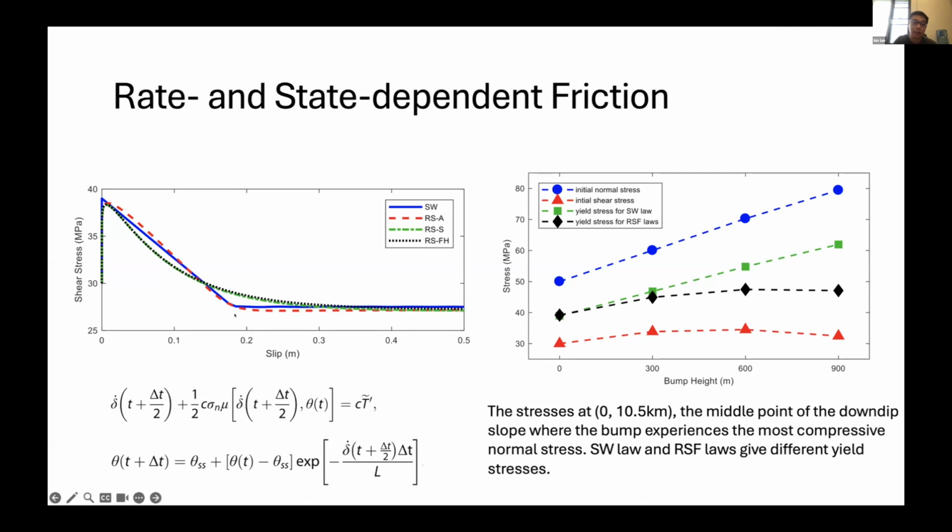So this is my paper with Dr. Duan in 2018, trying to compare the effect of different friction laws like the slip weakening law, rate and state friction with the aging evolution law, rate and state friction with the slip evolution law, as well as the flash heating rate and state friction law. So a comparison of multiple different friction laws for earthquake modeling, rupture modeling.